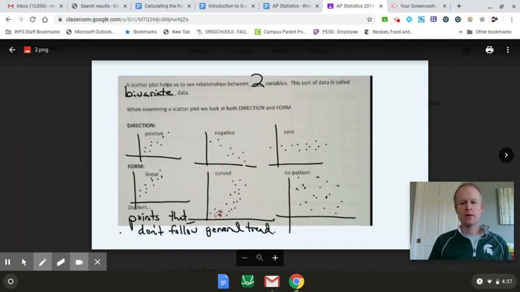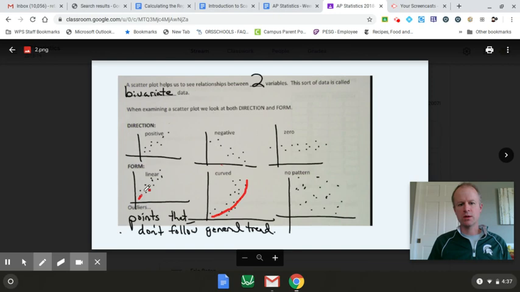And at the bottom, we have one that's slightly curved. This one is sort of linear, but you can see it's actually starting to go up more in a curve. So if I were to show the general trend of that one, it might look more like that. It's shifted over actually, but you get the idea. And then this last one, this random scatter, that would be no pattern.